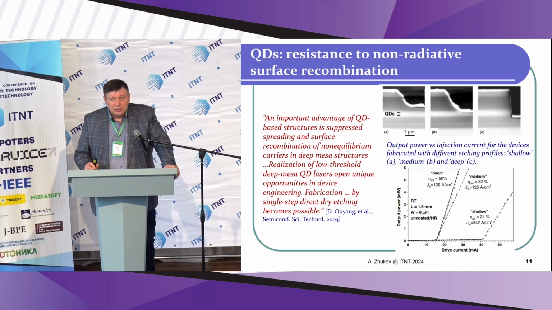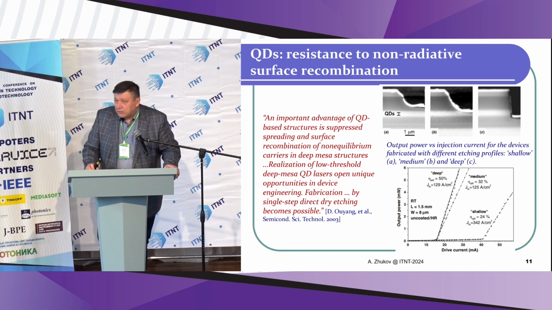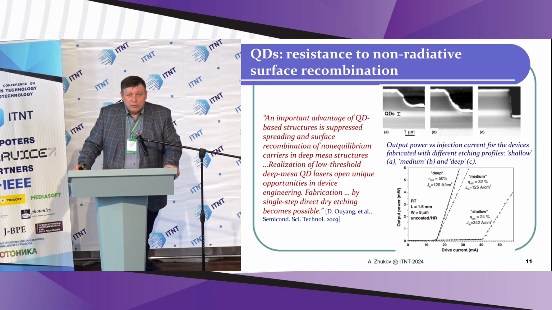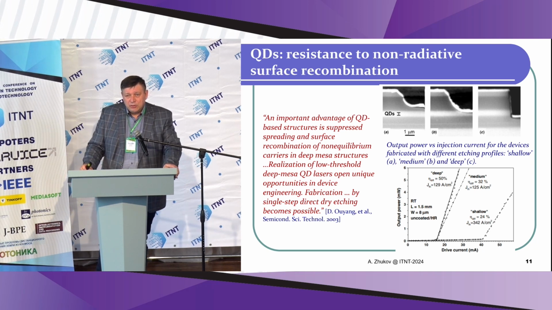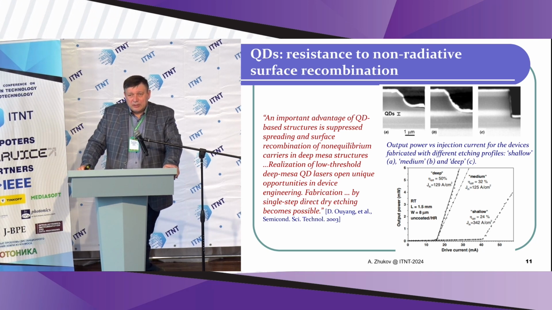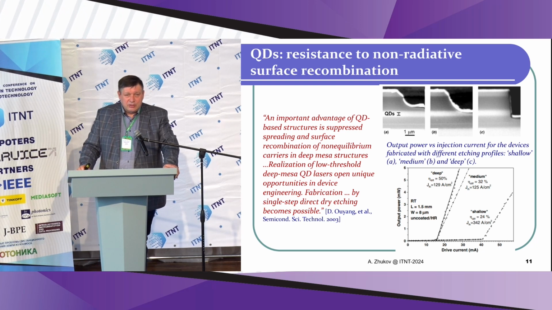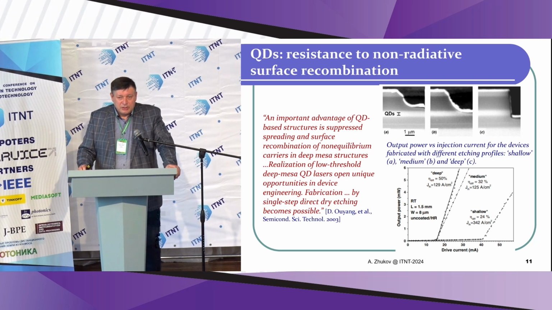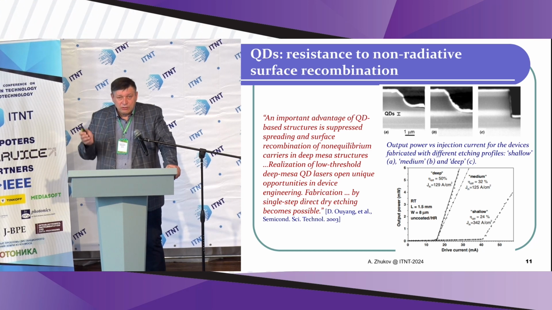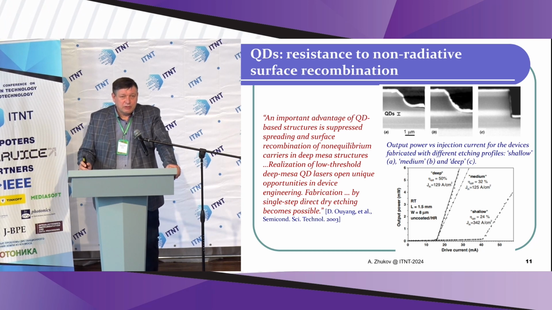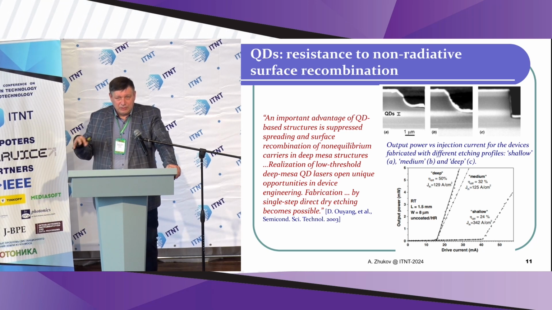What else? It was found already maybe 20 years ago that quantum dot lasers are unexpectedly stable against, for example, deep etching. Typically, semiconductor materials are very sensitive to surface recombination, because a free surface is always full of some adsorbed atoms, some traps, and so on.